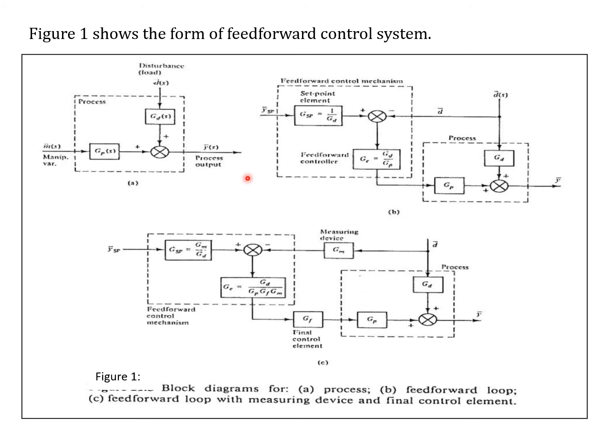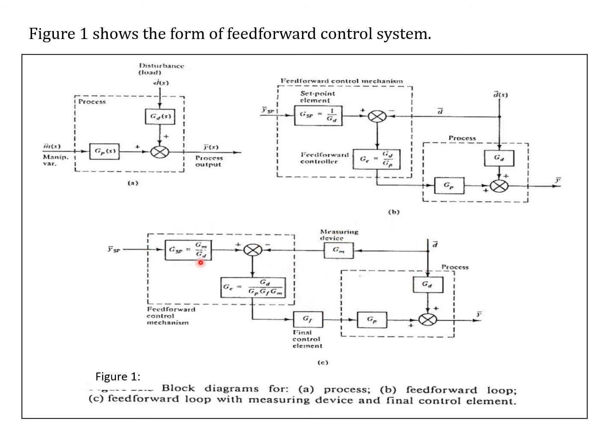So this is the standard feedforward control. But normally when you have measurement, you need a measuring device, so you have another block for the measuring device. And when you have a control, you need the final control element. So you have a final control element added on, which is the real, practical one. So we added these two.